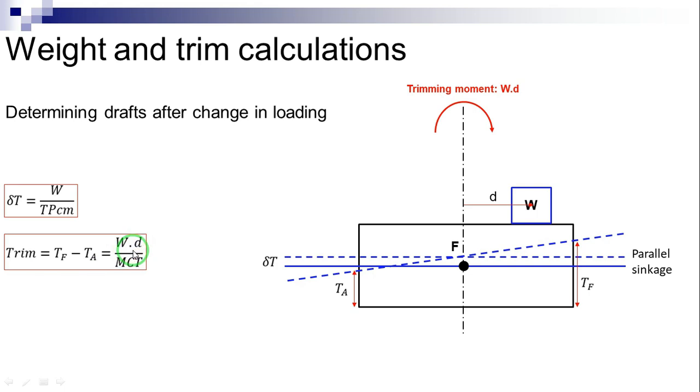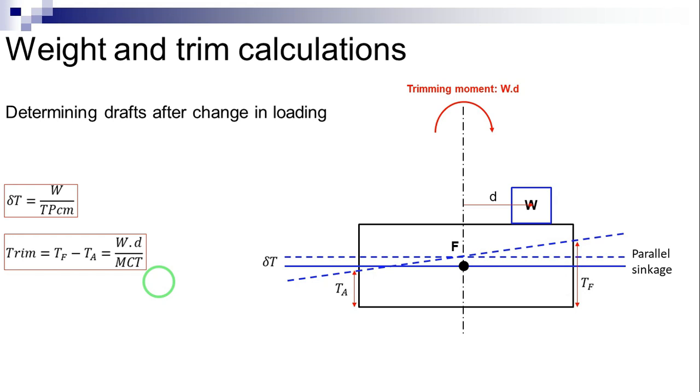If it is assumed, for example, that the weight is added forward of the center of flotation so that the trim will be by the bow, the increase in draft forward will be equal to the parallel sinkage plus the change in trim multiplied by the ratio of the distance of the center of flotation above the forward perpendicular to the length between perpendiculars.